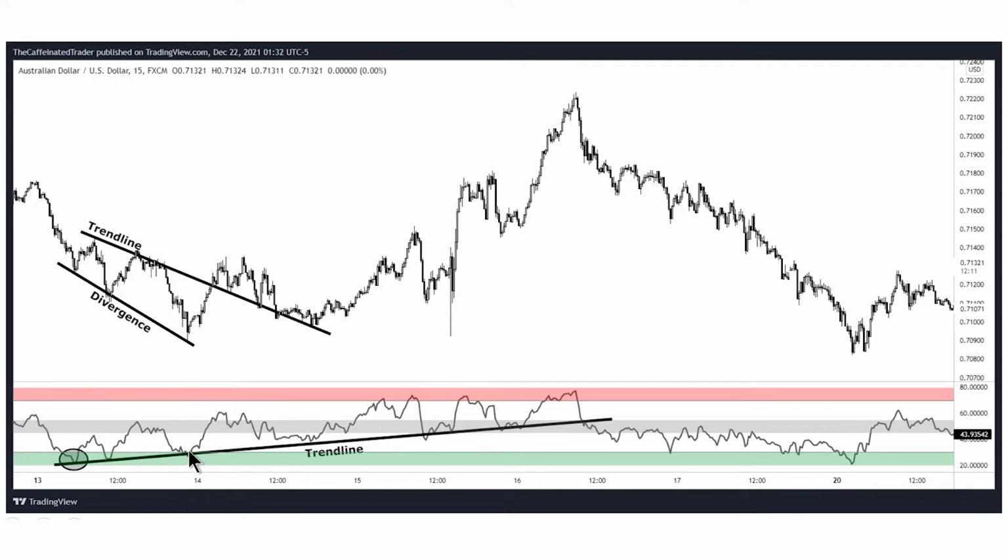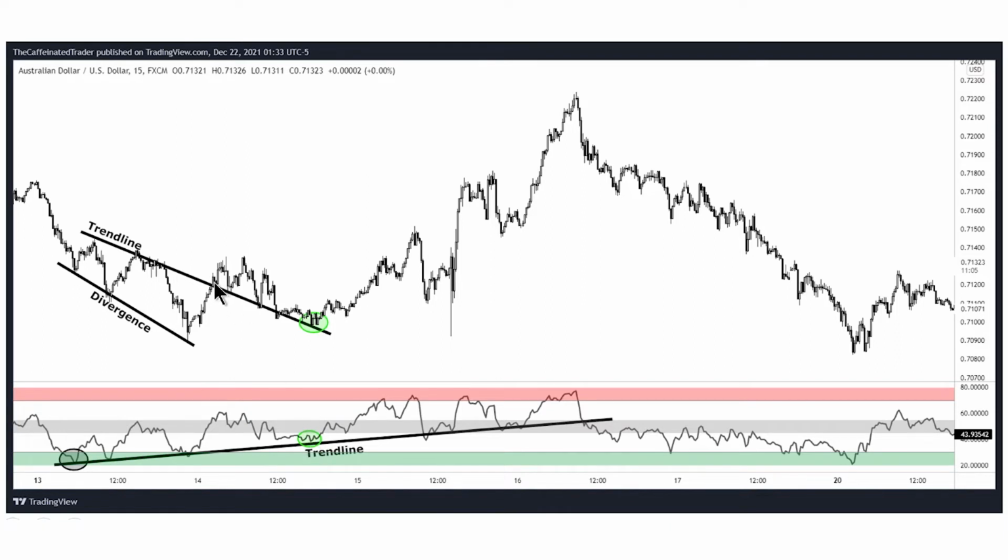And because it's been following this trend, we could wait for the RSI to come back to this trend line and then enter right there. And as you can see on the actual price chart, it broke through that trend line and then followed it all the way down until the RSI actually met that trend line. All right. So this would be our entry point for a long position.